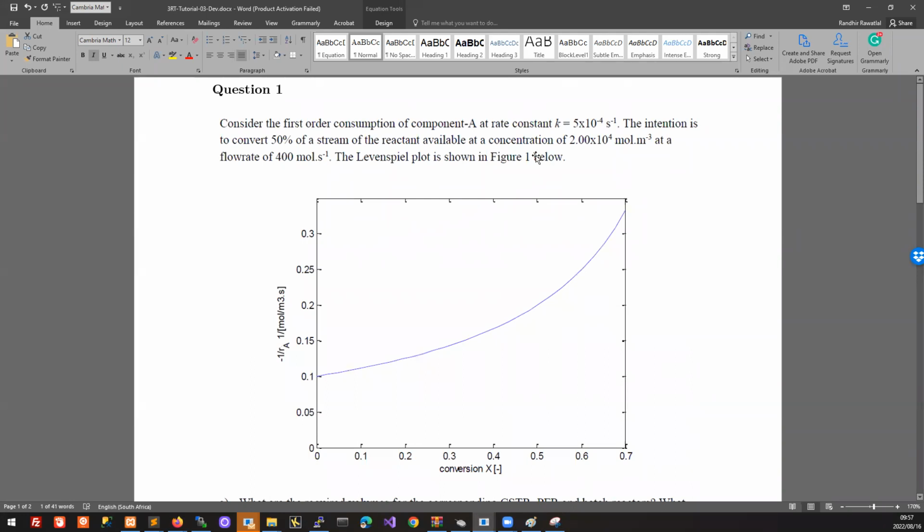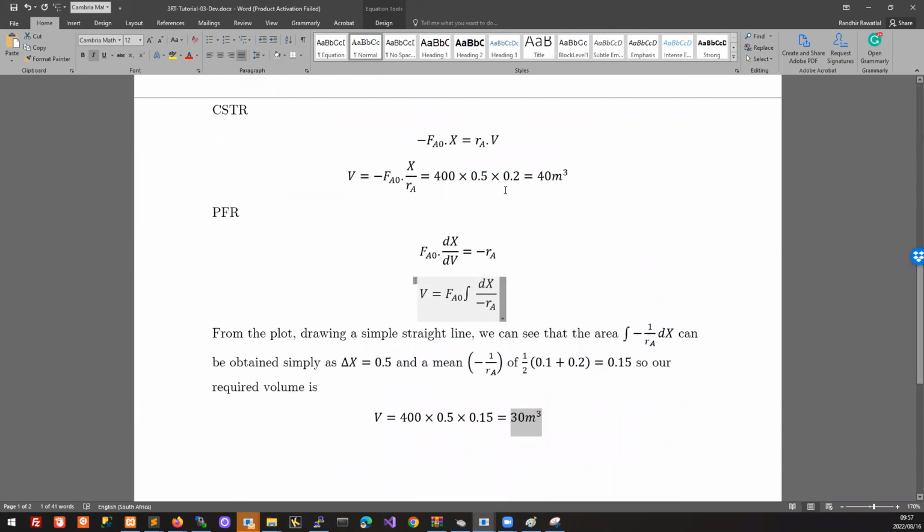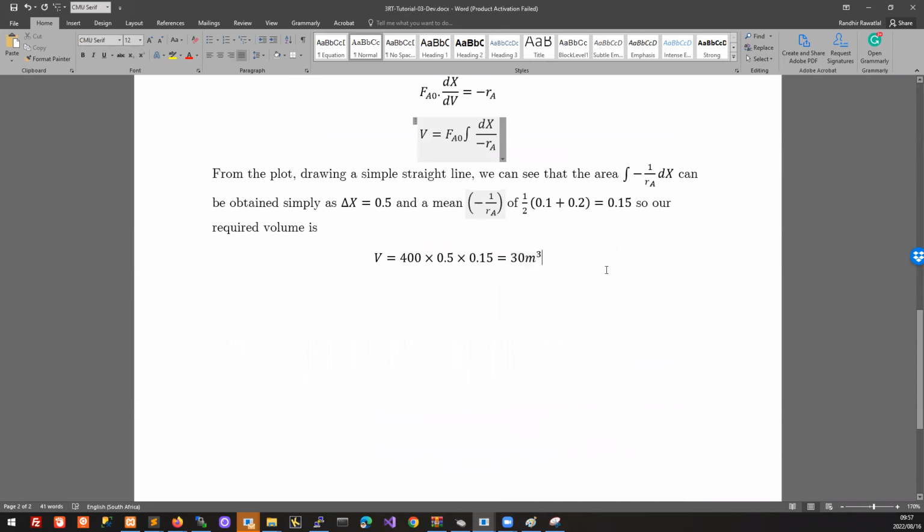So one thing we can do is say, well, we do seem to want to convert. Our intention, if you look at the original problem, is to convert by 50%, 400 moles per second. Right, so we seem to want to do that.